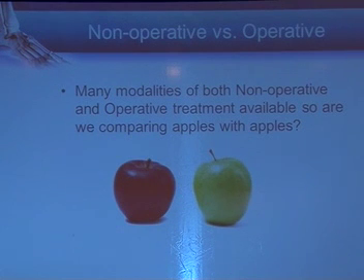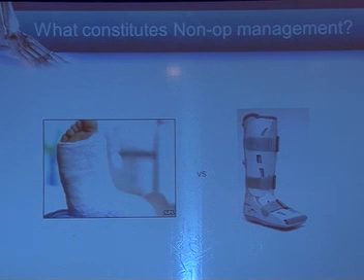If you then divide into non-operative and operative treatments, they're not as simple as one non-operative versus one operative treatment. Whatever you do, when you look at the literature, you won't be comparing apples with apples all the time. And what constitutes non-operative treatment? Certainly when I was a postgraduate in the early days in the UK, cast was the main form of non-operative treatment.